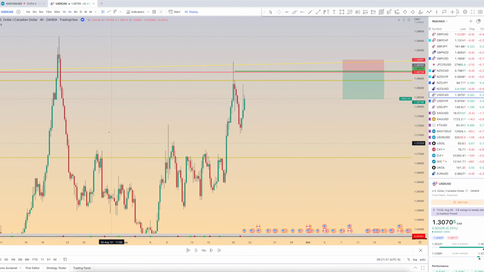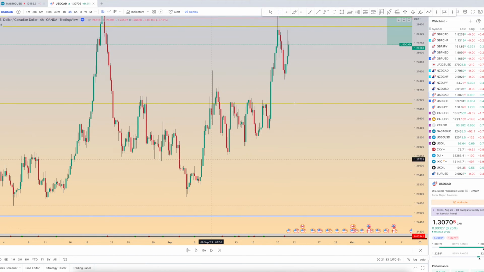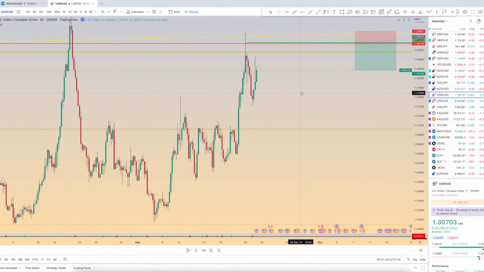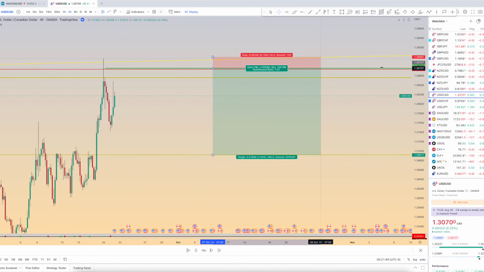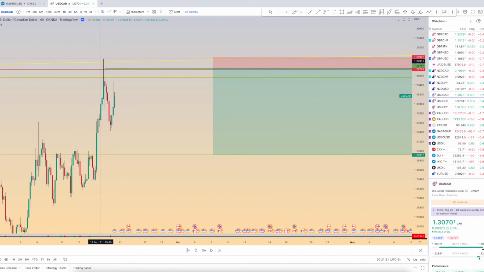And we can see right now it didn't go that deep. It rejected, so it seems that maybe the deepest this will go is possibly this line, right? But still, look, 24 pip stop loss, 7.6 risk to reward ratio, okay? So let's draw it all the way across, and let's see what happens when this plays out, okay?